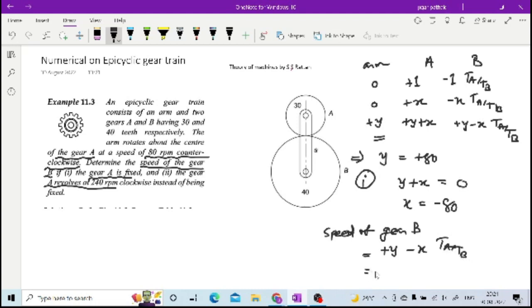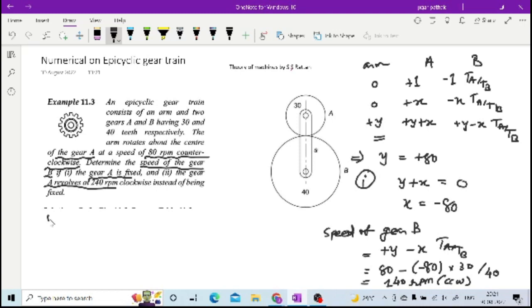Now plus y is 80, minus x is minus minus 80, into the number of teeth on A, which is 30, over the number of teeth on B, which is 40. Once you simplify this, you will have 80 plus 60, that is 140 rpm, and it is coming positive. It means it is counterclockwise.